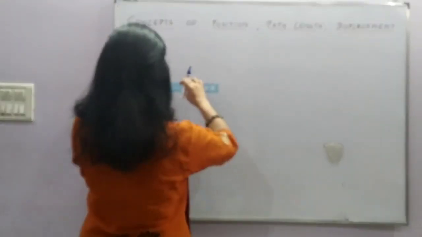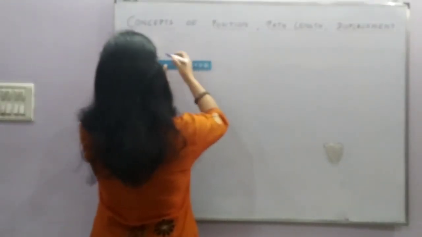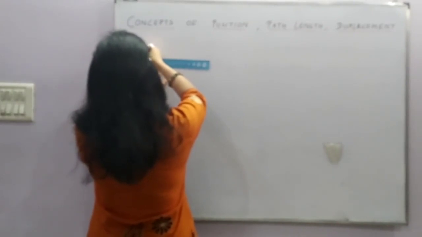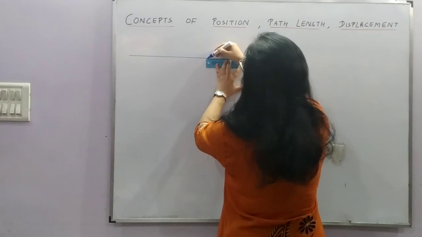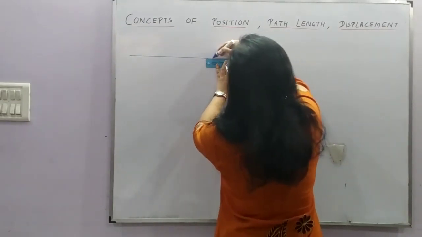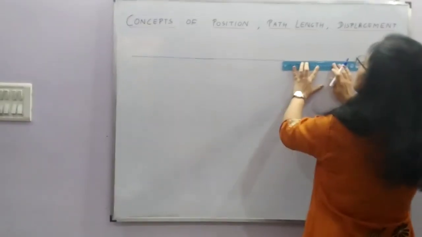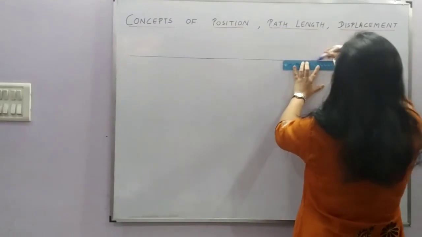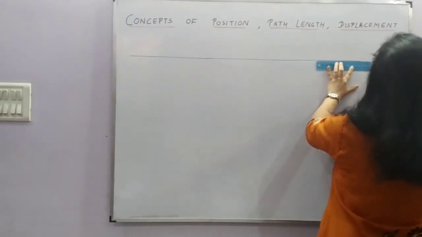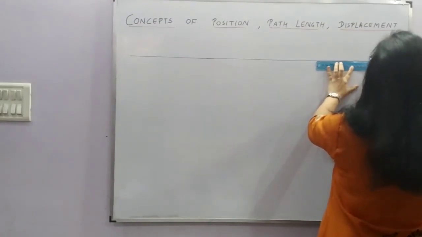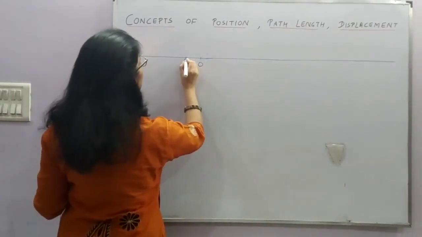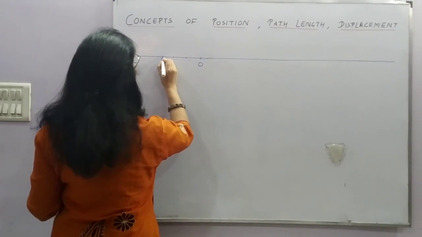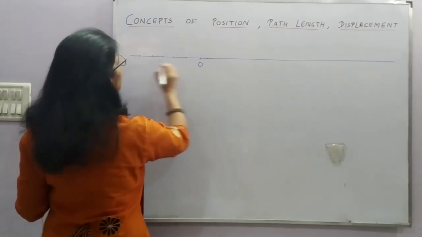I will try to draw that figure on the board to explain these concepts. If this is our number line, where I will mark some points, and this is the origin, I'll take the difference of 40 as given in your NCERT.